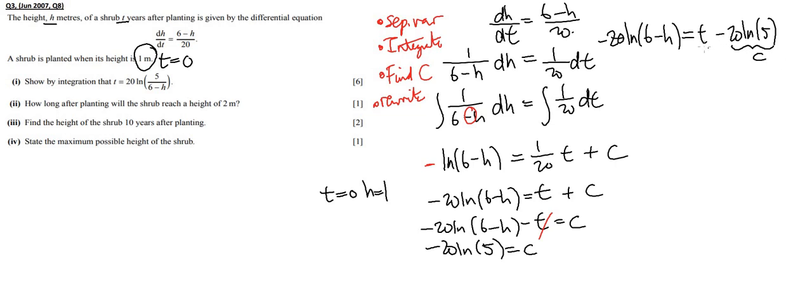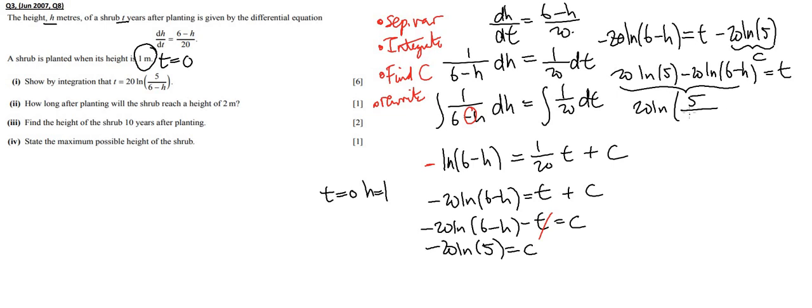Now I want to rearrange this to be equal to t, because that's what the question is asking me to do. I'm going to add, so I've got 20 ln 5 minus 20 ln of (6 minus h) equals t. We can combine our logs, since we've got the same coefficient. So it's 20 ln of 5 over (6 minus h) equals t.